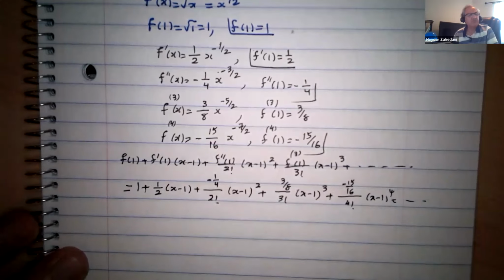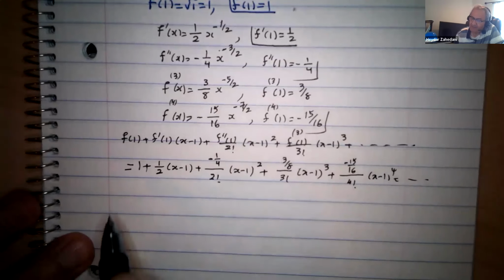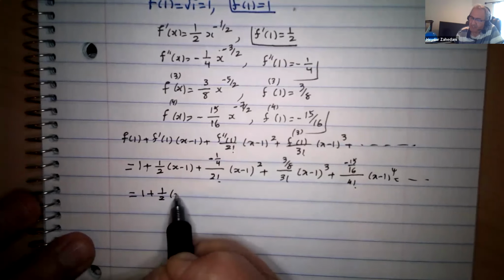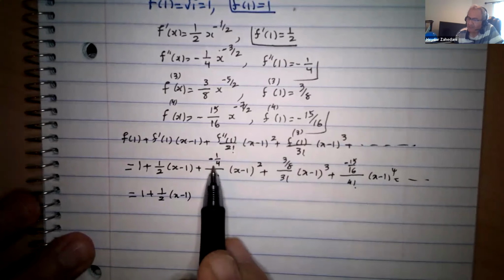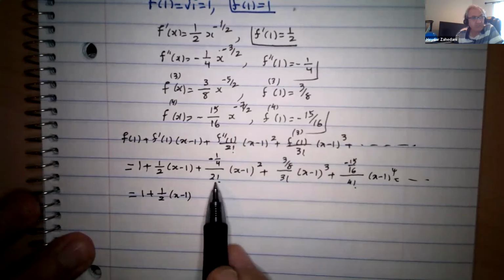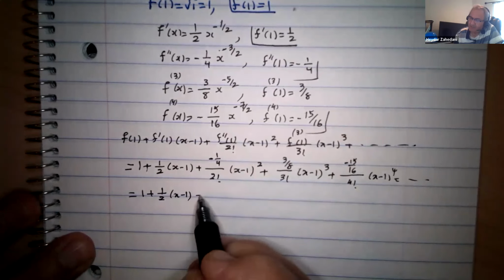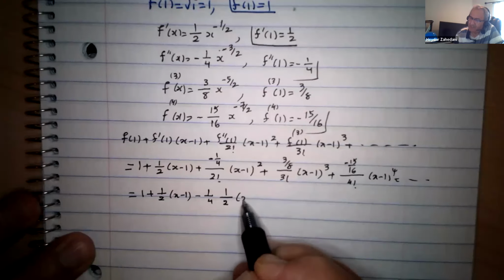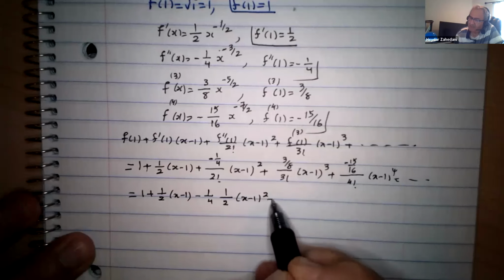You have to simplify these coefficients. So this is going to be equal to 1 plus 1/2 times x minus 1. Then negative quarter, use the reciprocal: negative quarter times the reciprocal of 1 over 2 factorial, which is 1/2, times x minus 1 squared.